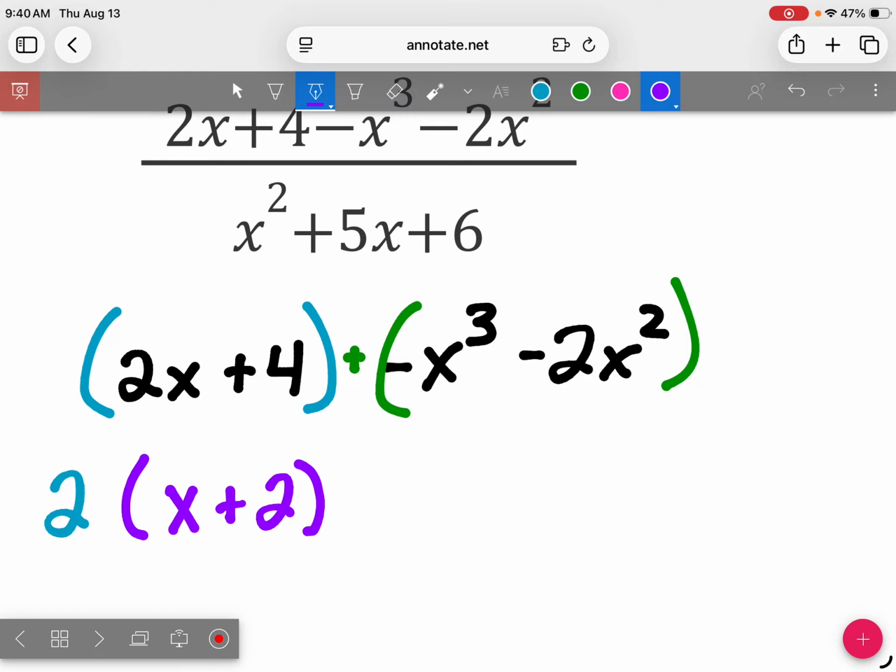What is the common factor of these 2 terms? Negative x squared. Minus x squared. What's left over when I take out a minus x squared? X plus 2.